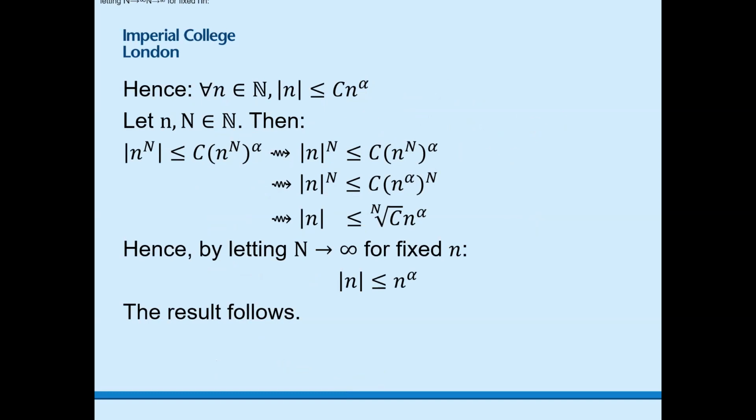Now we can use some sequence of limits here, taking a smaller n and a big N from the natural numbers, and taking the N-th roots on both sides, and we get this relation: the norm of n is less than or equal to the N-th root of c, times n to the power alpha, all to the power of N. By letting big N go to infinity, we can say that the norm of n is less than or equal to n to the power alpha, because the first part, c to the power of 1 over N, goes to 1 when N goes to infinity.